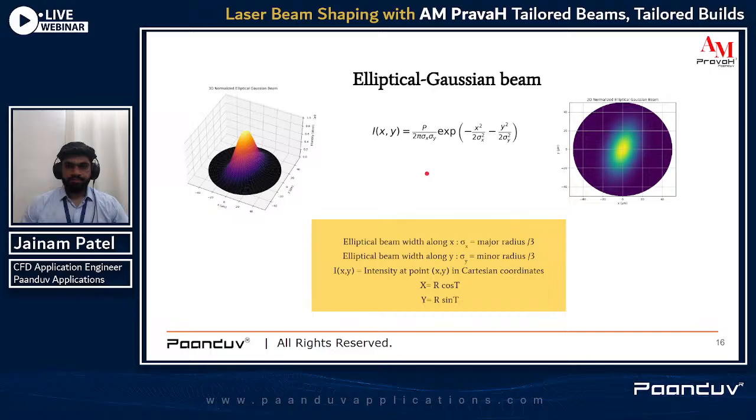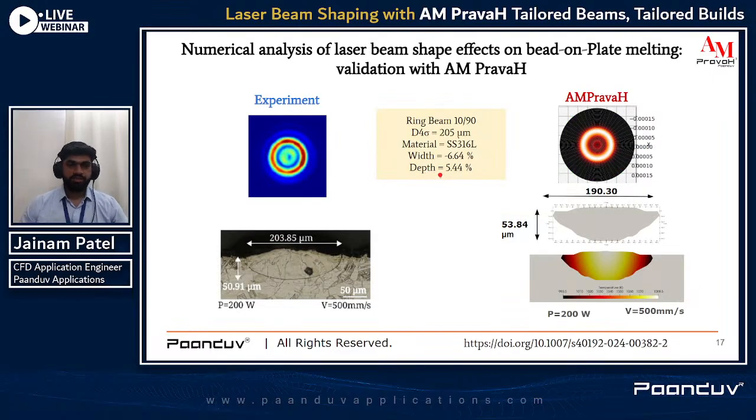Let's begin with the experimental analysis I have done, an experimental comparison with the AM PravaH software. On the left side there is an experimental image of the ring shape beam, which has 10% intensity in the center ring and 90% intensity on the outer ring. I took the D4 sigma the same as that reference paper, 205 micrometer, material SS316L.